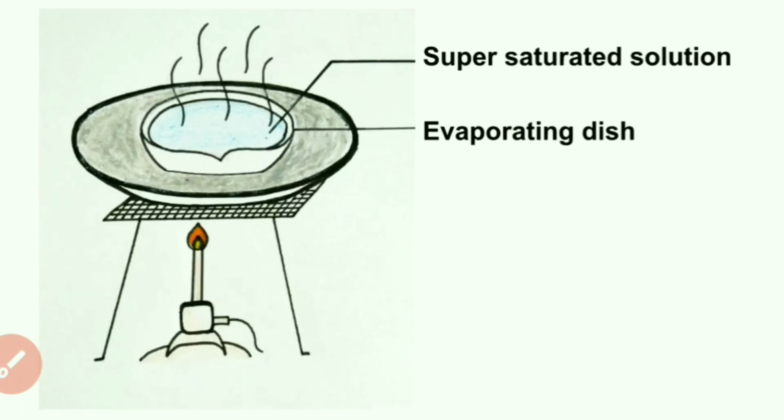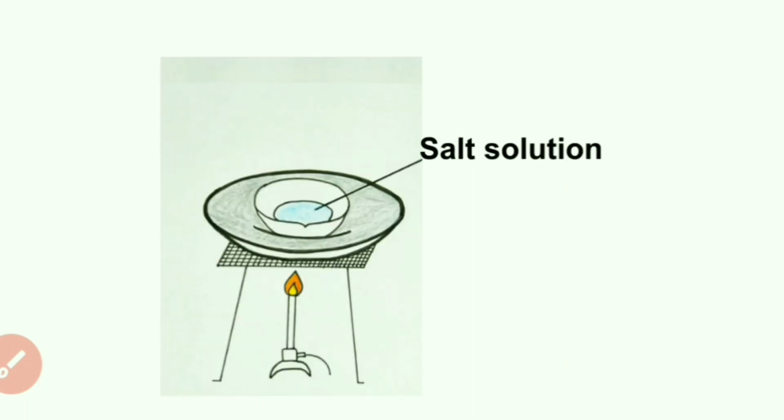So here is a setup for crystallization where we are heating a supersaturated salt solution in an evaporating dish. When we heat it for some time, the amount of water is reduced and we get a very concentrated salt solution. Now, at this stage, the heating is stopped and the container is left undisturbed for a very long period of time and is allowed to cool slowly.